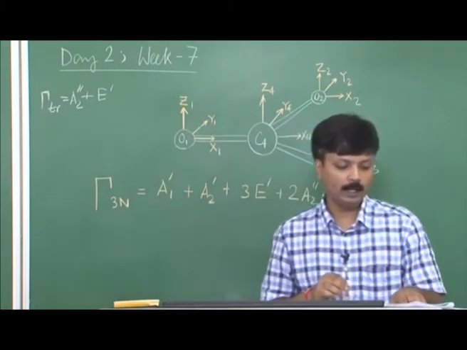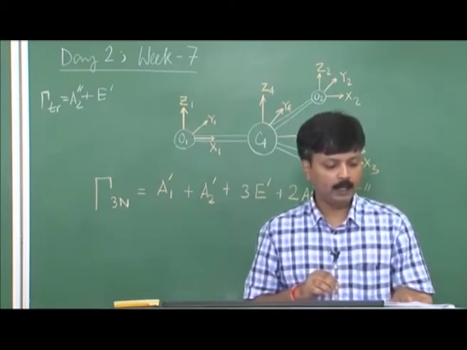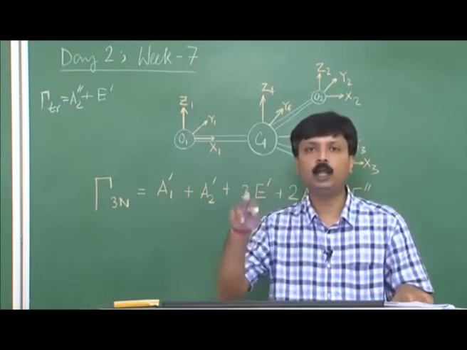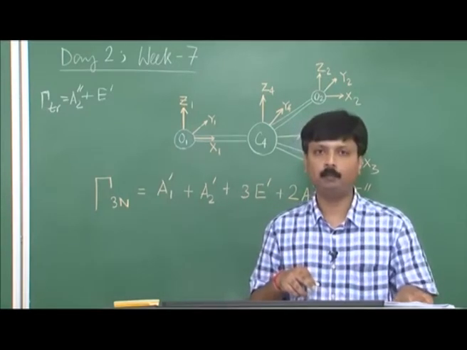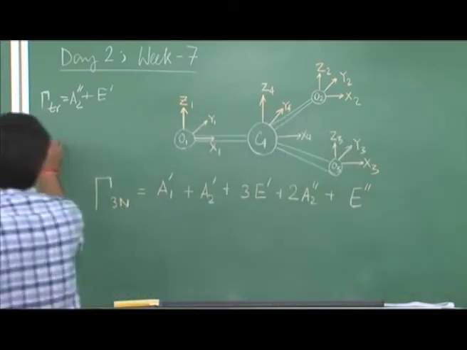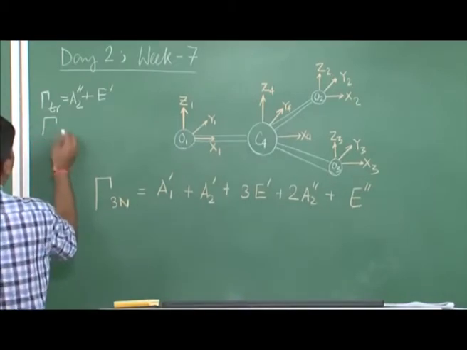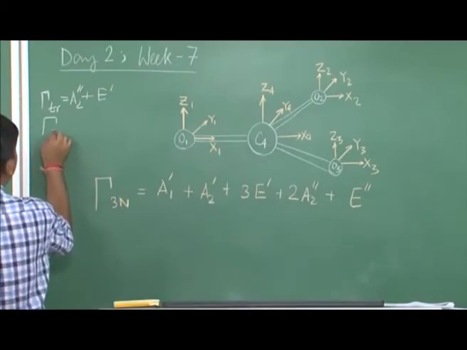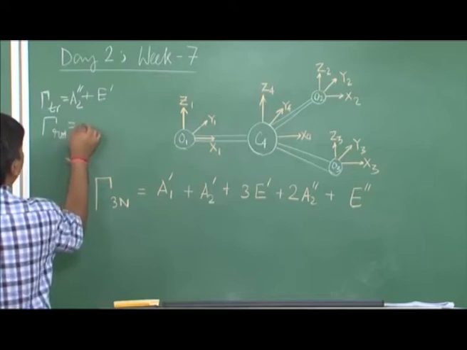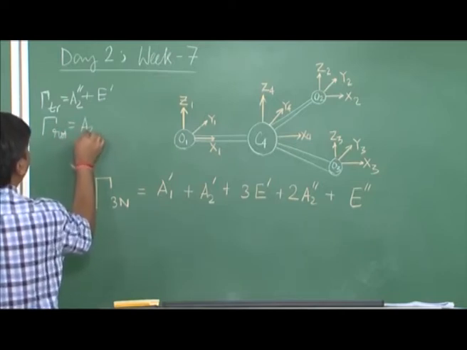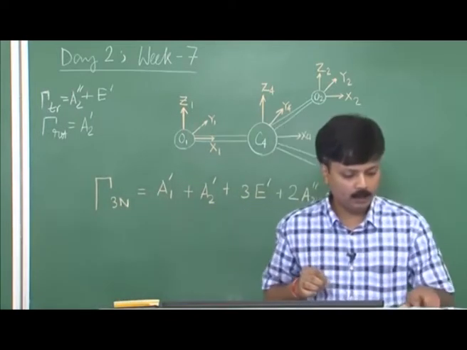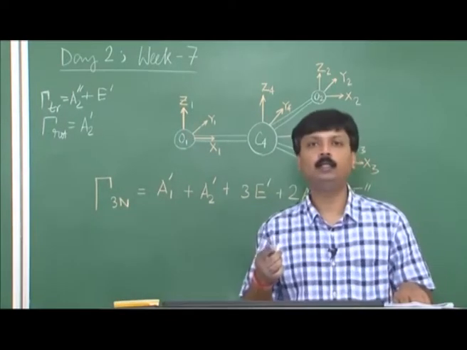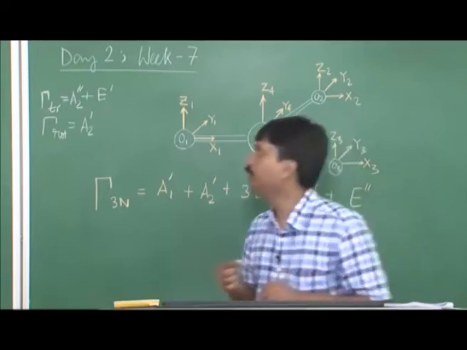So if I look again, we will see that Rz, that is rotation about the z axis, forms the basis for A2 prime, alright. So if I write gamma rotation to be A2 prime, and Rx and Ry transform together as the basis of E double prime.